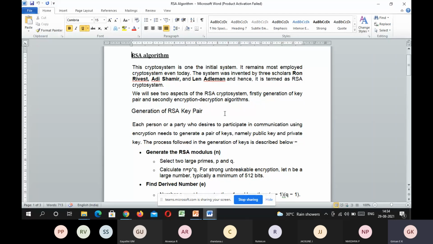This algorithm can be used for all three aspects of a public key crypto system: encryption and decryption, exchange of keys, and the digital signature, which is for authentication. Now we'll see how this algorithm can be used and what the process involved is.